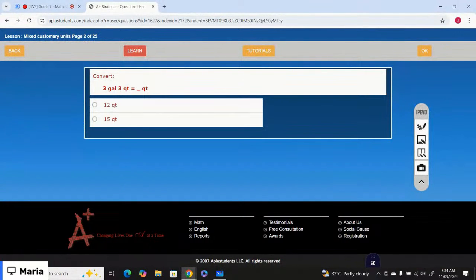The correct option is 15 quarts. Option number 2 is the correct option. That is 15 quarts.